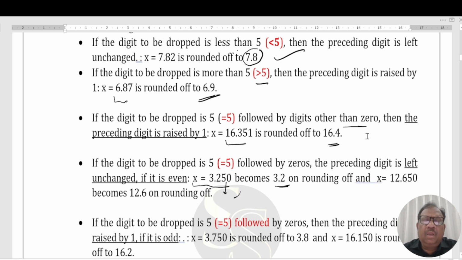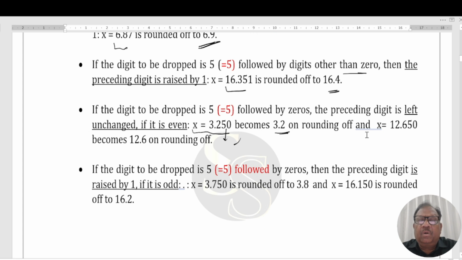Next, if the digit dropped is 5 followed by 0, then the preceding digit is raised by 1 if it is odd. 3.750, 3.7, it is odd, तो इसको हमने इवन नंबर कर दिया 3.8. And 16.150 is to be raised to 16.2. This is all regarding the discussion of rounding off.